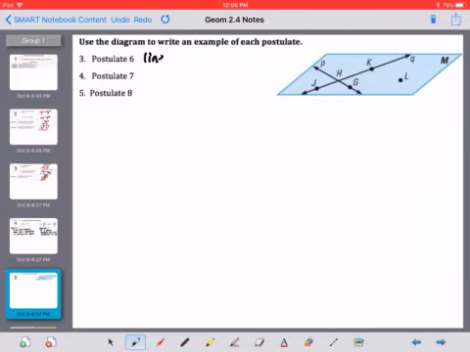Let's say line Q contains points, let's see, J and K. So that would be an example of that postulate.